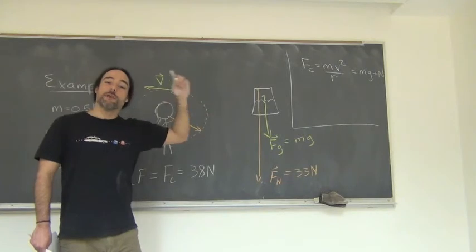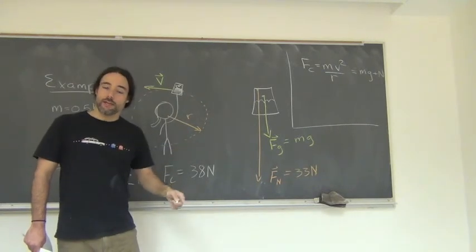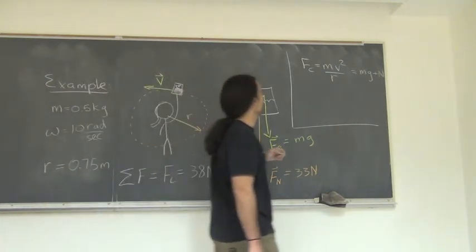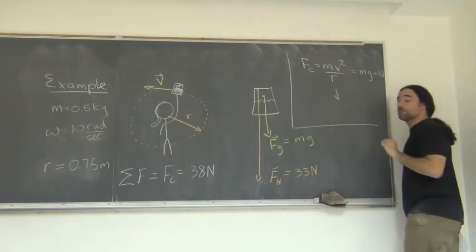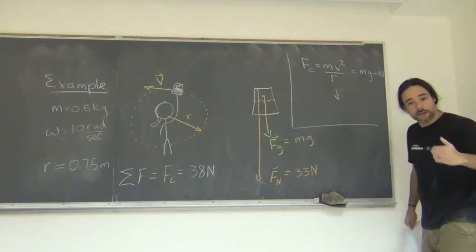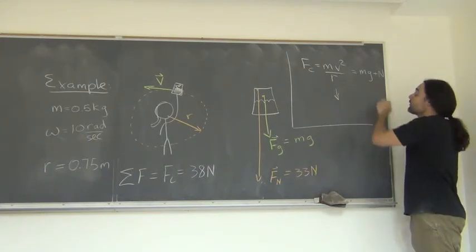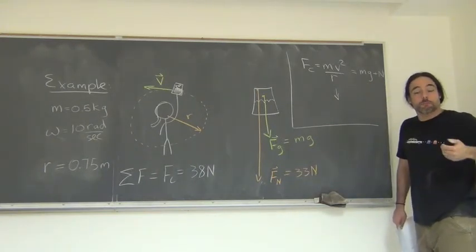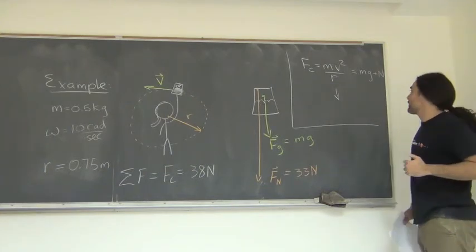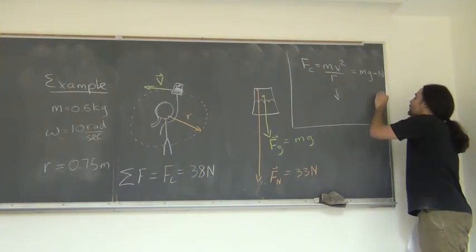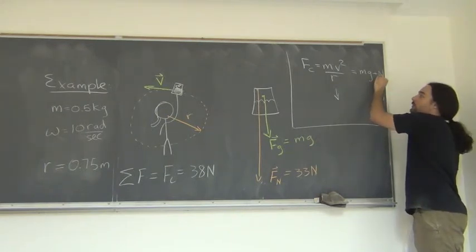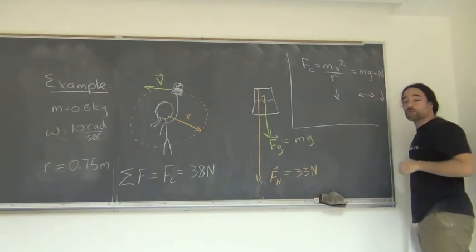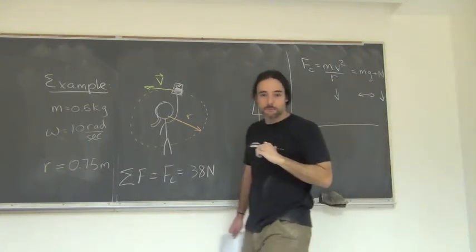If I spin the object more slowly, something's got to change. If I make this side of the equation go down, so my centripetal force is smaller because I'm not spinning the cup as fast, well, the force of gravity is not going to change because the mass of the water certainly isn't going to change. But if I spin more slowly, that normal force gets smaller. So N is going to decrease. The gravitational force stays exactly the same.